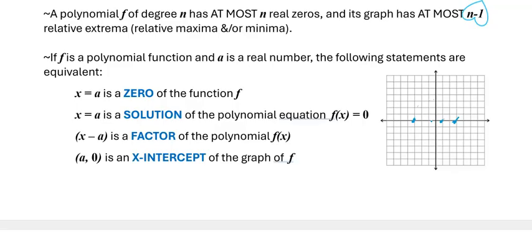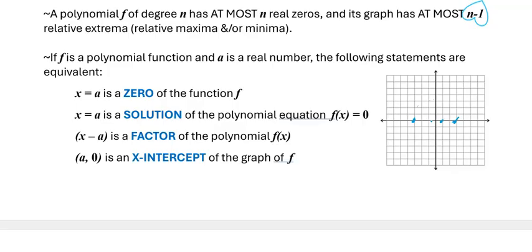But the zero of a polynomial function, or the solution of a polynomial equation, is where that graph is going to cross the x-axis. That means it's the x value that makes the entire thing zero, that generates a zero for the y value, or generates a zero for the function.